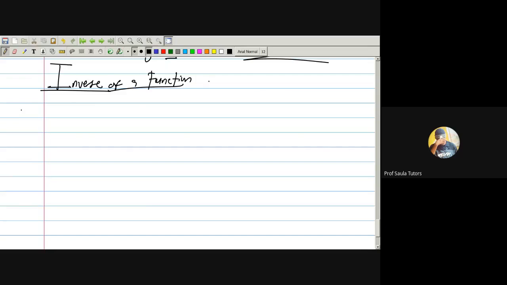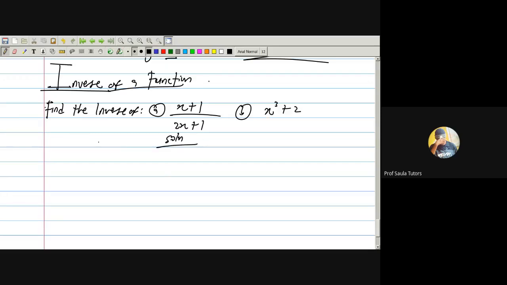Let's find the inverse of (x + 1)/(2x + 1), and the next one is x cubed + 2. Firstly, let y be equal to (x + 1)/(2x + 1). You want to find the inverse of f of x, so just say, let y be equal to that function.